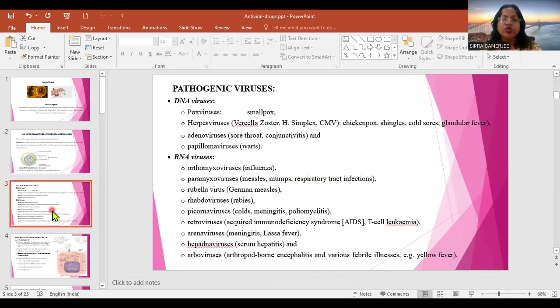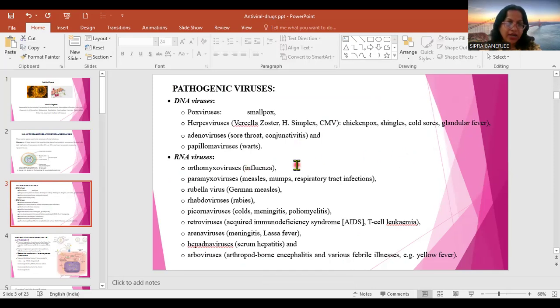So first of all, you should know that some of the viruses have DNA and some are RNA viruses. The DNA viruses include pox viruses, smallpox, herpes virus, varicella zoster, simplex, chicken pox, shingles, cold sore, adenoviruses, papillomaviruses.